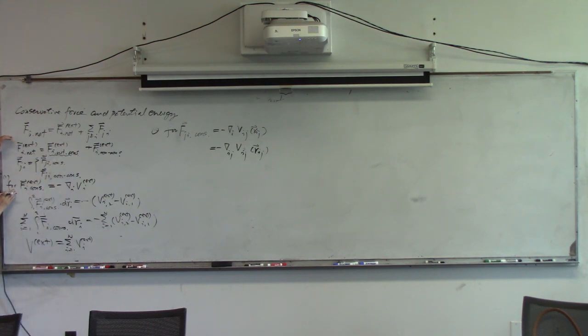Associated with this external conservative force, we know there must exist a potential energy field, right? So we introduce V external i, the potential corresponding to the force on this ith particle, the conservative force, the gradient with respect to the ith particle. Then we look at the work done by this external conservative force.